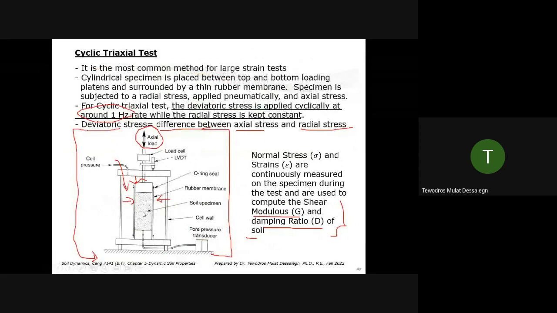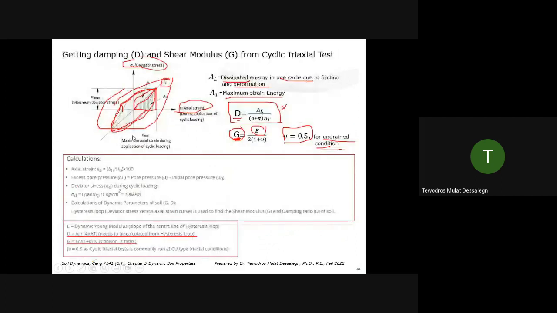In this case, the direct output is elastic modulus because it's axial loading. The axial, or cyclic, load we apply helps us get the hysteresis loop. And from the hysteresis loop directly, we get E, the elastic modulus. And indirectly, we get G, the shear modulus, by assuming undrained condition.